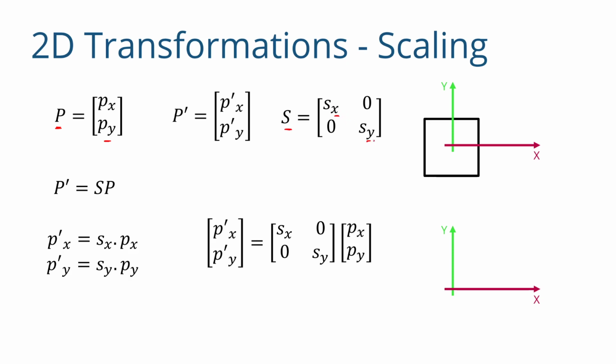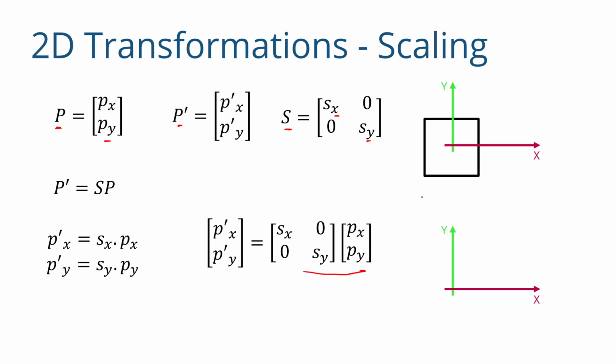So there are the diagonal non-zero entries Sx and Sy, whereas the off-diagonal entries are all zeros. So if you apply this, you get the transformed point P prime. So P prime is S times P, and that gives you this transformed point once you apply the transformation to the original point.